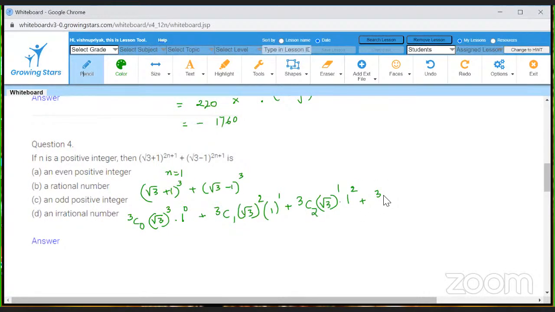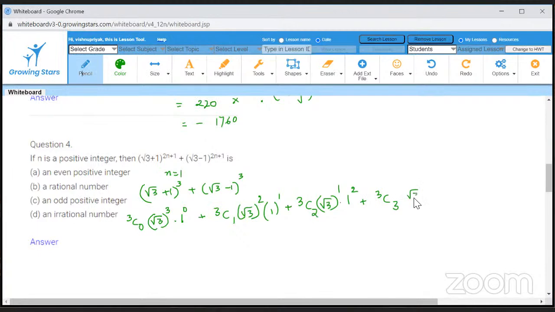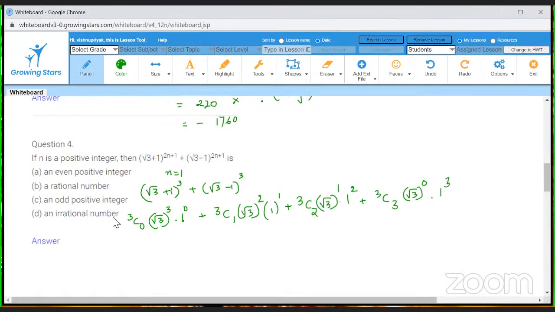And here this root 3 power will be 3 minus 3, 0. Root 3 power n minus r, 1 power r.